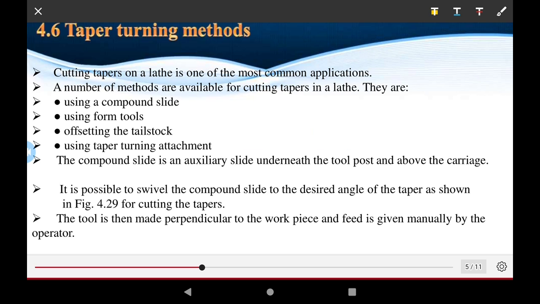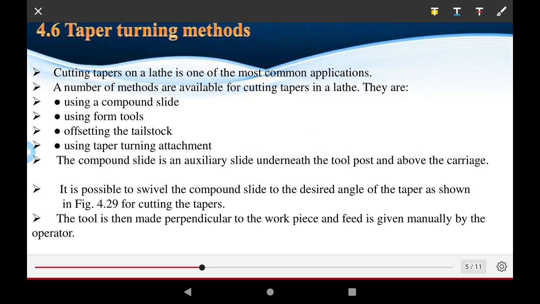The taper turning operation uses special tools, and the operation depends on the feed rate of the tool.